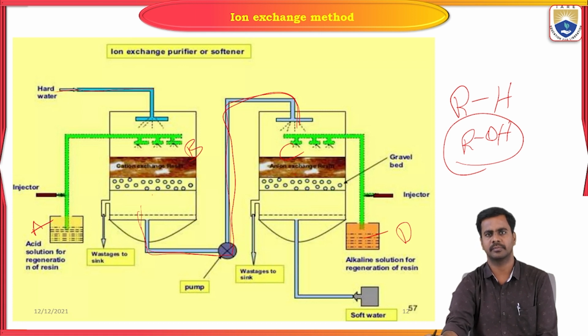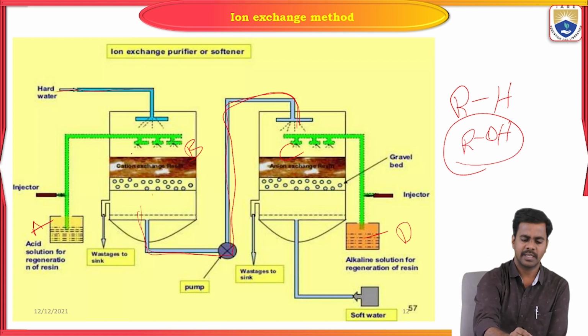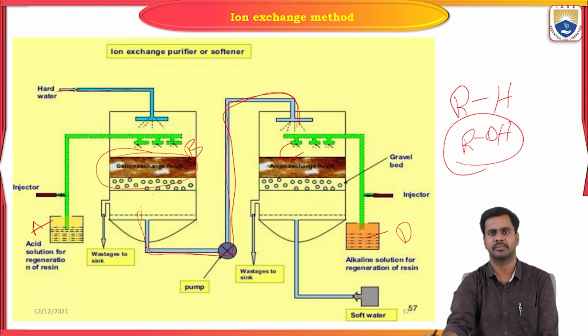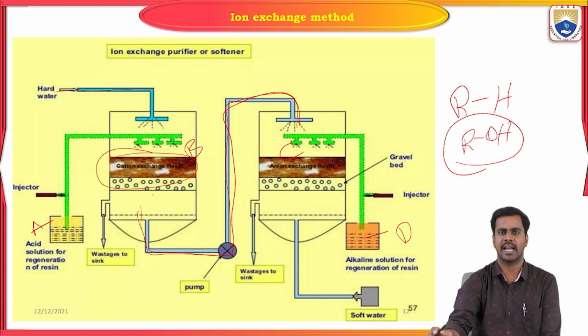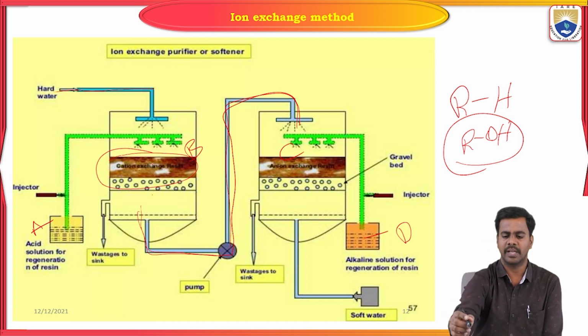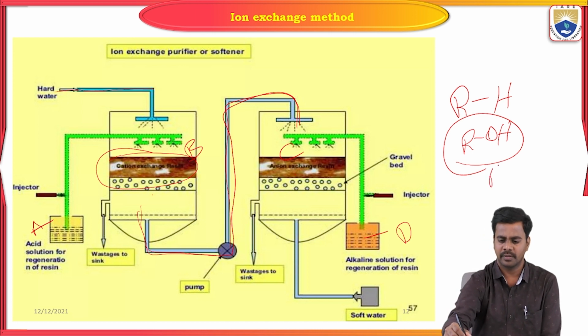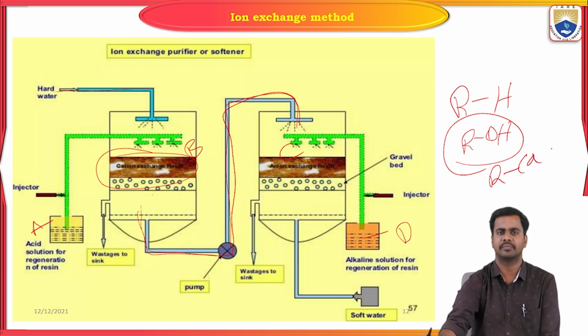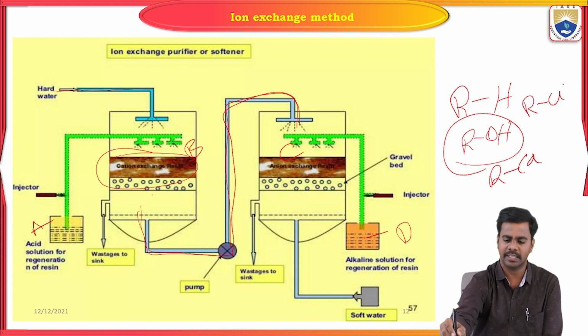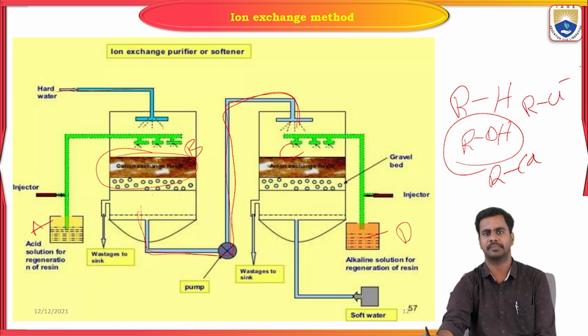Because both the cationic resin and anionic resin now contain cations and anions of hot water. That means RCa, cations of hot water, or R Cl, anions of hot water.